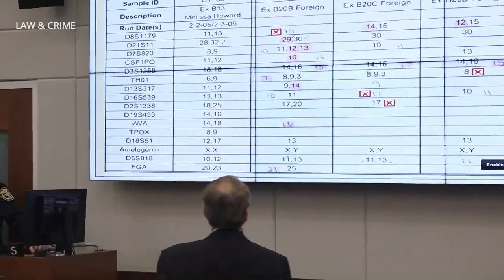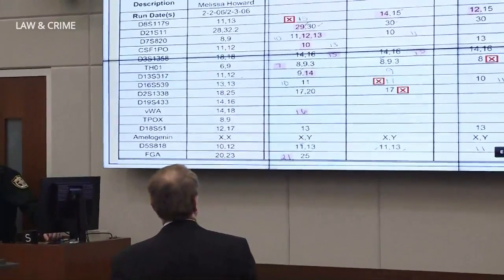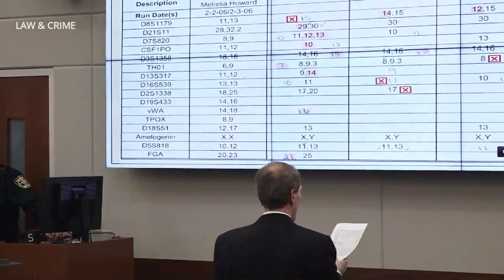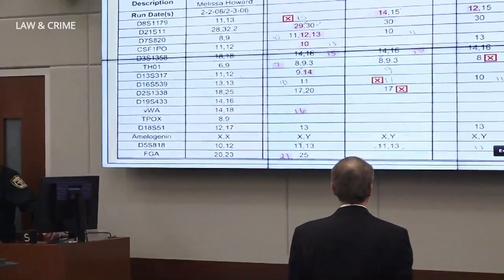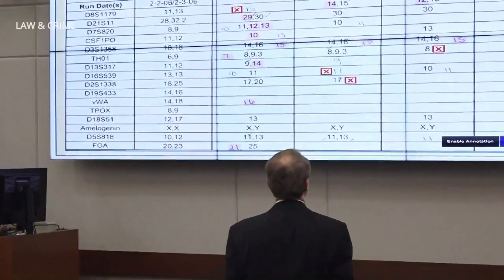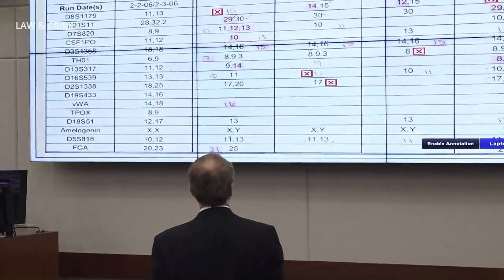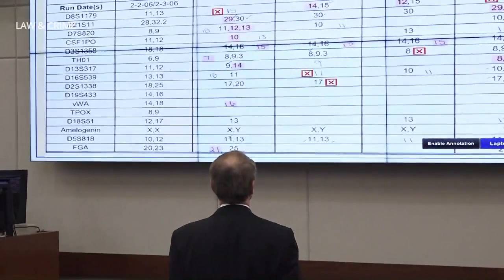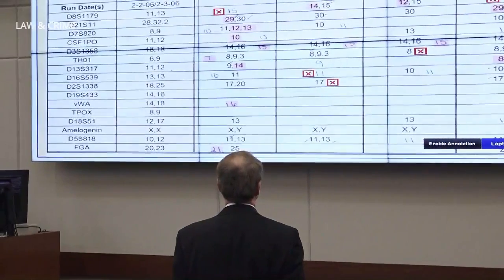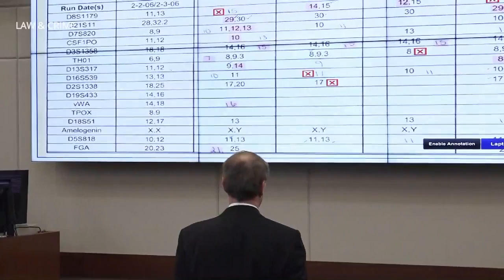D20D. Right up there at the top, D8S. Russell doesn't have a 12 there, does he? No, he does not. Okay. At D3S, Russell doesn't have a 15, does he? No, he does not.